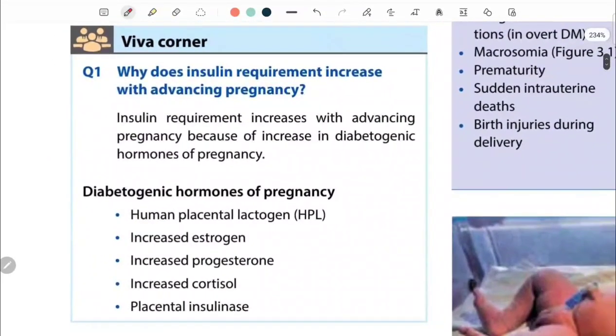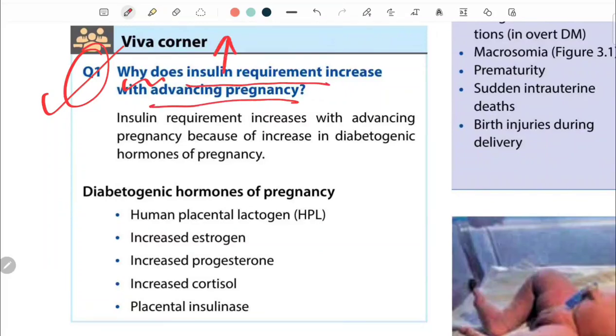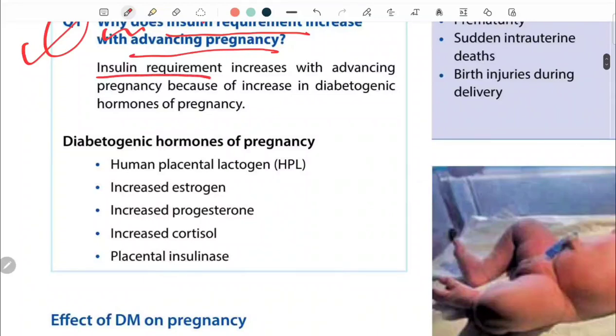Now let's look at a Viva question. Why does insulin requirement increase with advancing pregnancy? The insulin requirement increases with advancing pregnancy because of an increase in the diabetogenic hormones of pregnancy. During pregnancy, hormones like cortisol, progesterone, estrogen, and human placental lactogen are all diabetogenic.